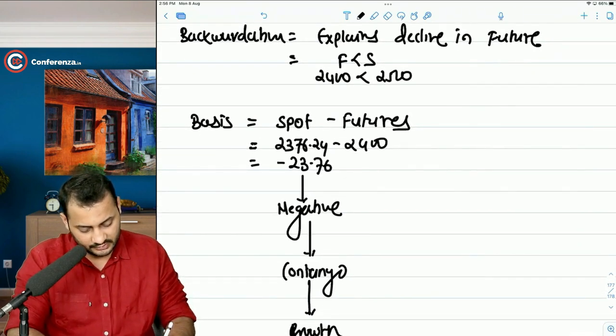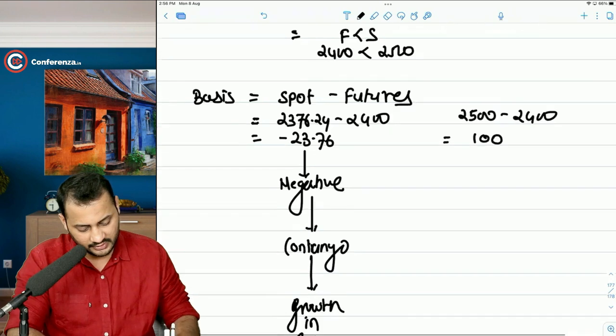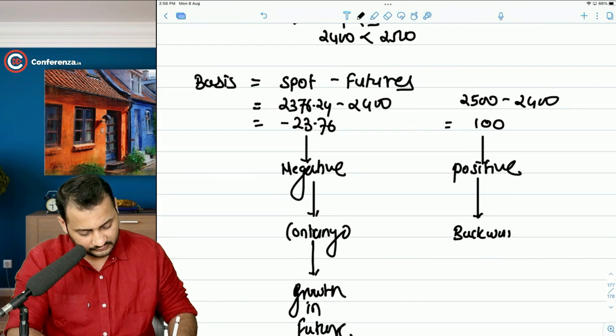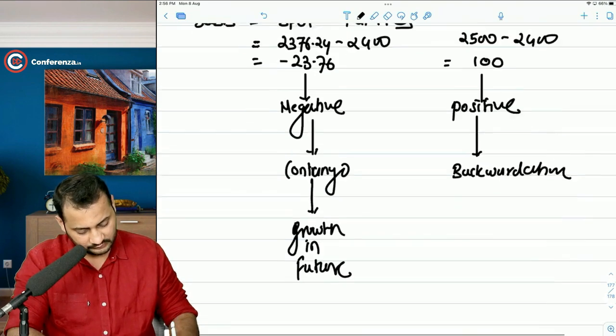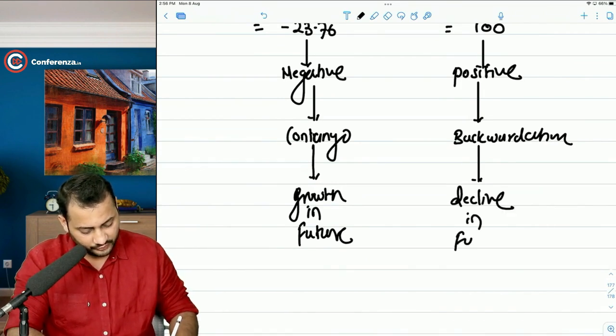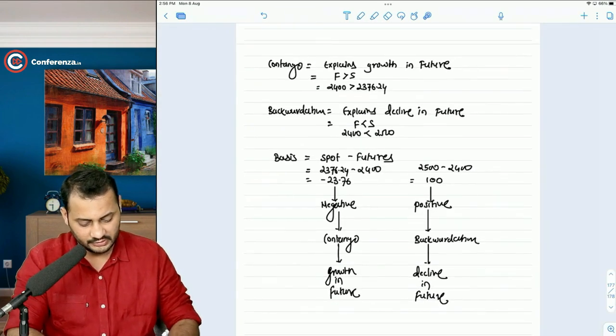Let's take this figure, 2500 minus 2400, the answer will be 100 difference. This is nothing but the positive answer, and the positive basis is called as the backwardation. And backwardation indicates the decline in future. So you have to understand this logic.